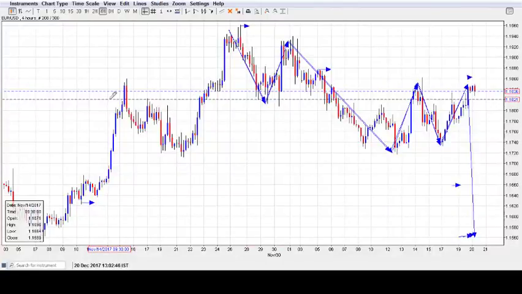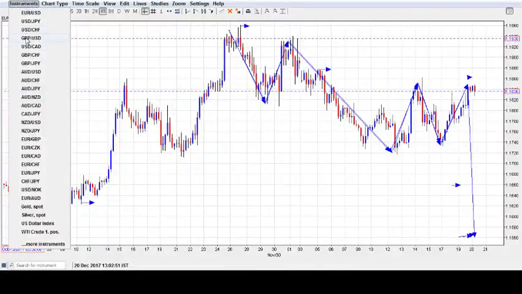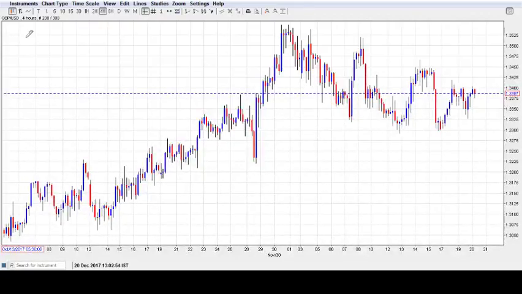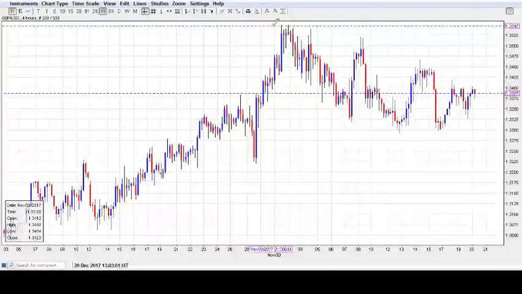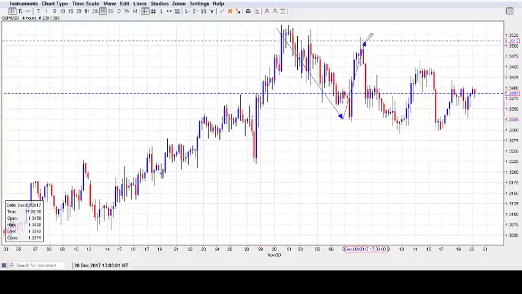All right, we keep churning with the short-term or intraday trades. The long-term or medium-term trades do not change easily. We are holding shorts in euro, we are holding shorts in pound, and this is the wave structure for pound.